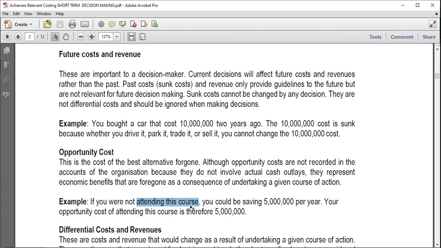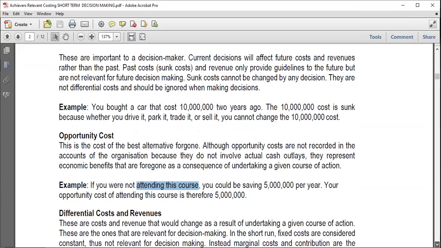Some of you could be generating money right now, but because you're doing this course, you have an opportunity that you're foregoing. So if you want to make a decision around your CPA journey, you also need to look at how much you are foregoing by attending. Some of you attend this during the weekends, and maybe you have businesses that you could be running during this time. So this is also an opportunity cost in its own. So it has to be part of your decision making. You get it?